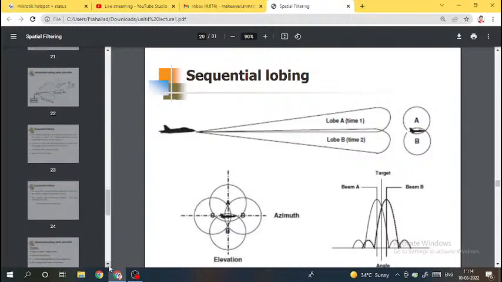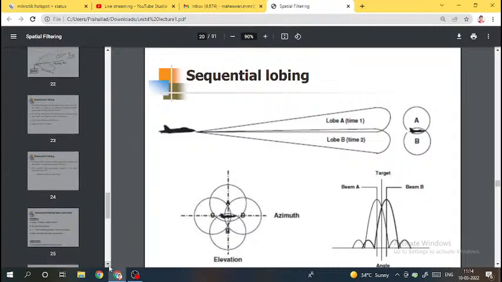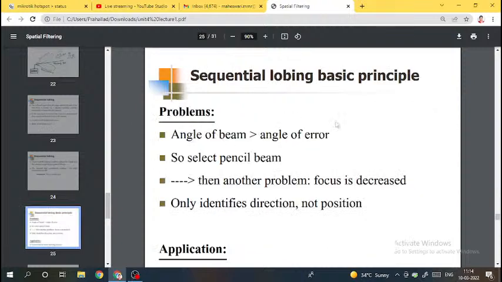So to overcome that, we go for another type of method called conical scan. The main problem in sequential lobing is the angle of beam: the beam angle is greater than the angle of error. So here some errors will be there, other angles we cannot cover. You have to use a pencil beam, and the focus is reduced and it only identifies direction, but not exactly the position.